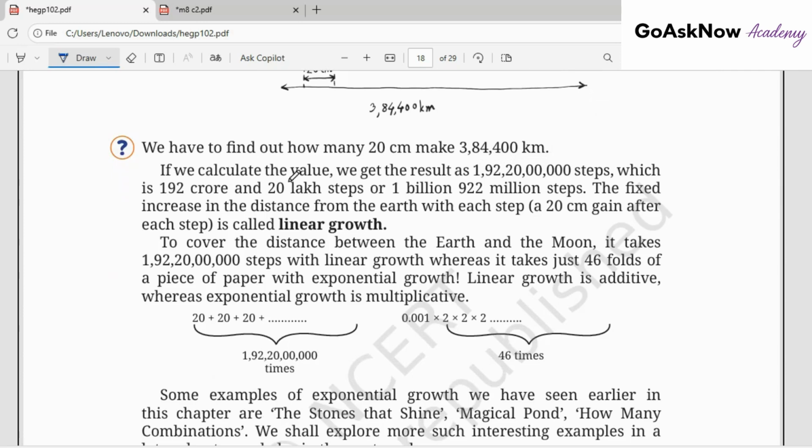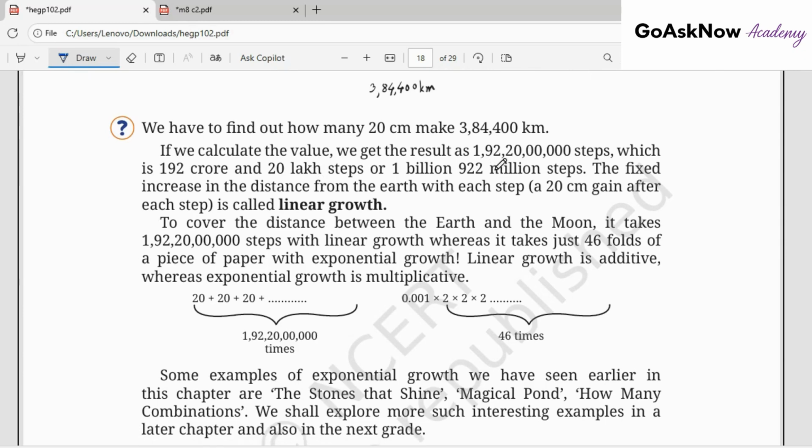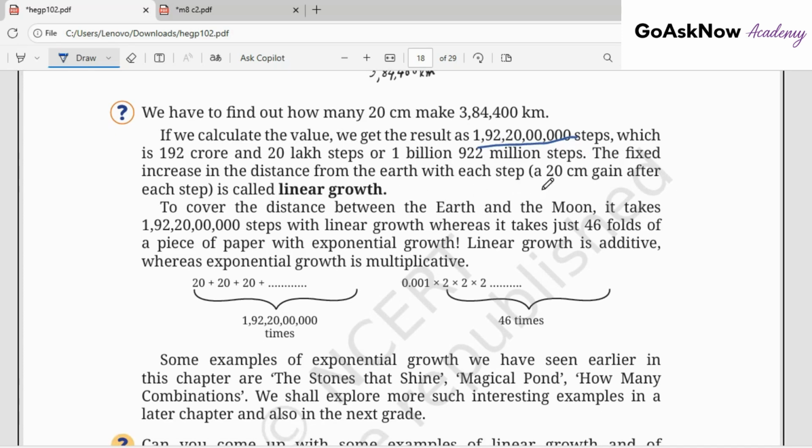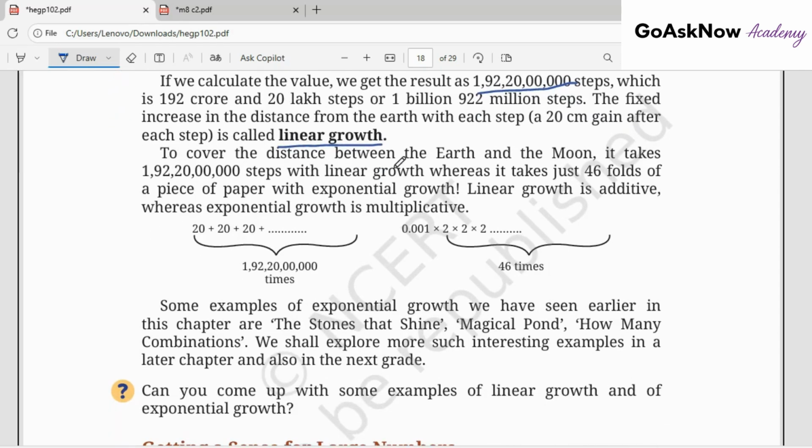If we calculate the value, we get the result of 192 crore and 20 lakh steps, or 1,922,000,000 steps. The fixed increase in the distance from the earth with each step of 20 centimeters is called linear growth. To cover the distance between the earth and the moon, it takes 192 crore and 20 lakh steps.